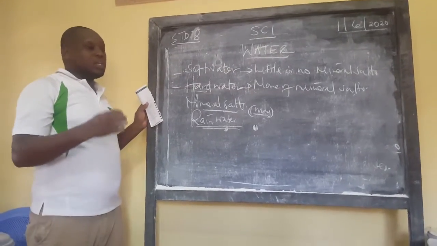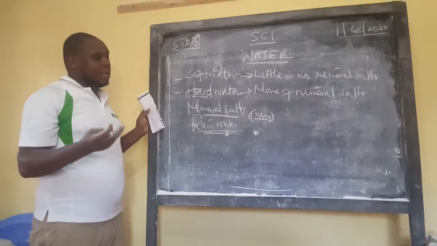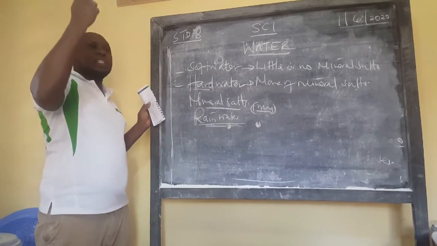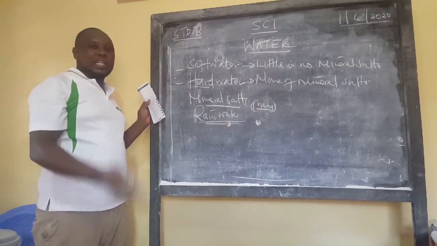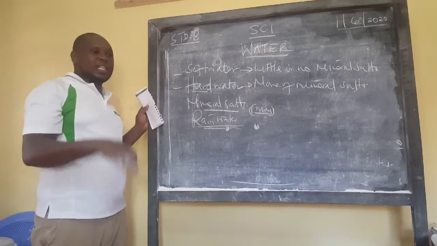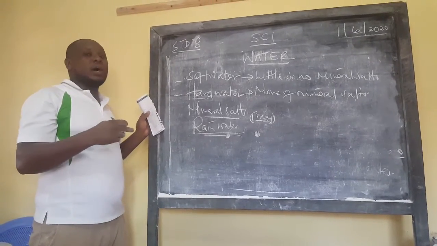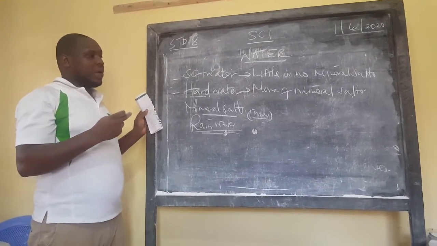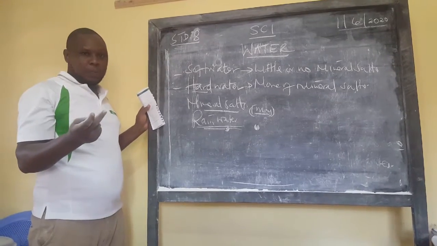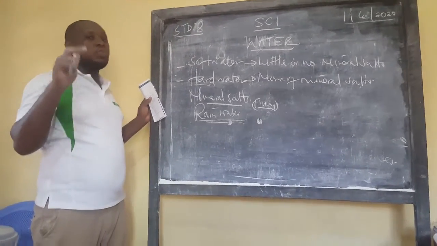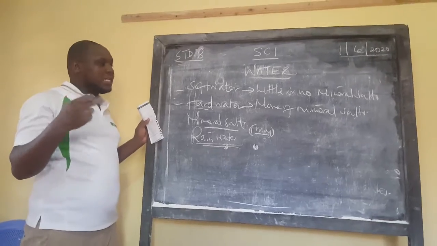But all the same, we are not saying that it doesn't have mineral salts. It has, because by the time it's coming from the clouds to land here on the ground, it is meeting with other things here, which we'll be discussing in our lesson where we'll be talking about air pollution, and then what causes air pollution. I mean, what causes acid rain.